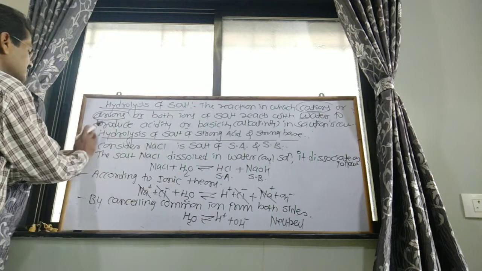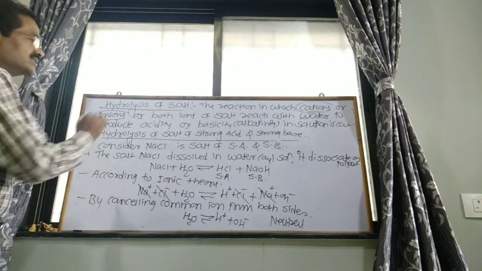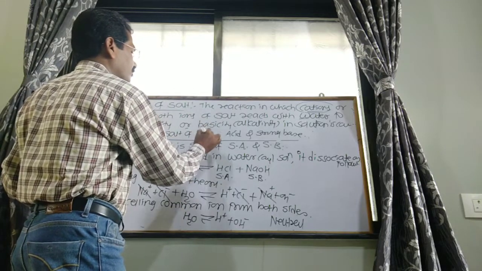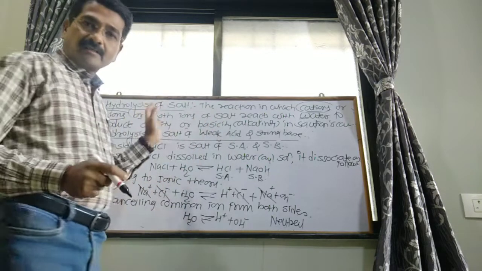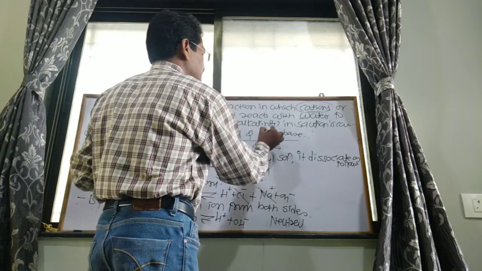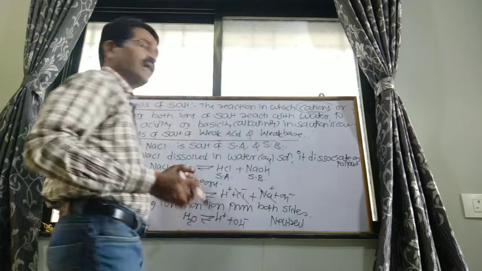Then see the last one, hydrolysis of salt of weak acid and weak base. Hydrolysis of salt of weak acid and weak base is the last hydrolysis.